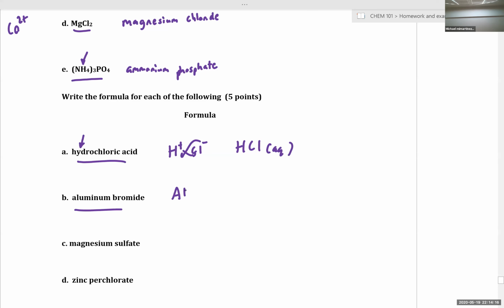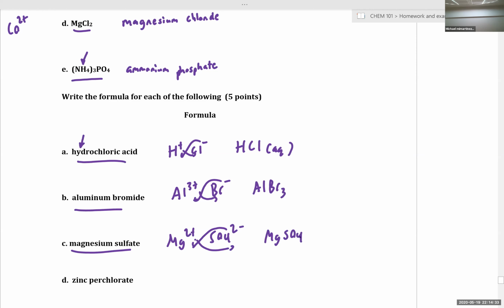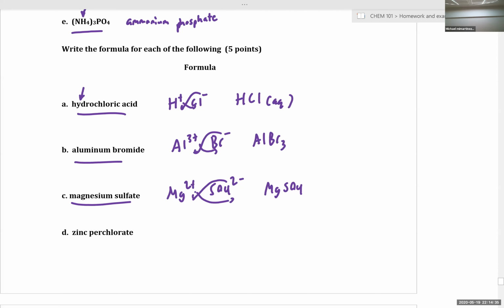Aluminum bromide, so we have aluminum 3 plus, Br minus, we cross our charges, that gives us AlBr3. Magnesium sulfate, so we have magnesium 2 plus, SO4 2 minus, we cross our charges, and that gives us MgSO4.